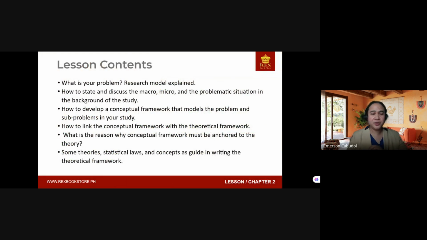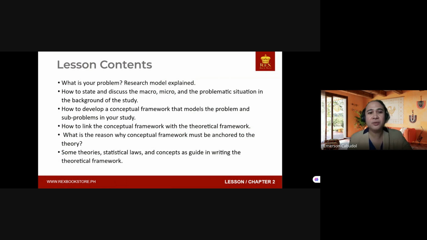For today, we are going to attempt to talk about the following. What is a research problem? And what is a research model? How to state and discuss macro, micro, and problematic situation in the background of the study, how to develop a conceptual framework that models the problem and subproblems in the research, how to link the conceptual framework with the theoretical framework.